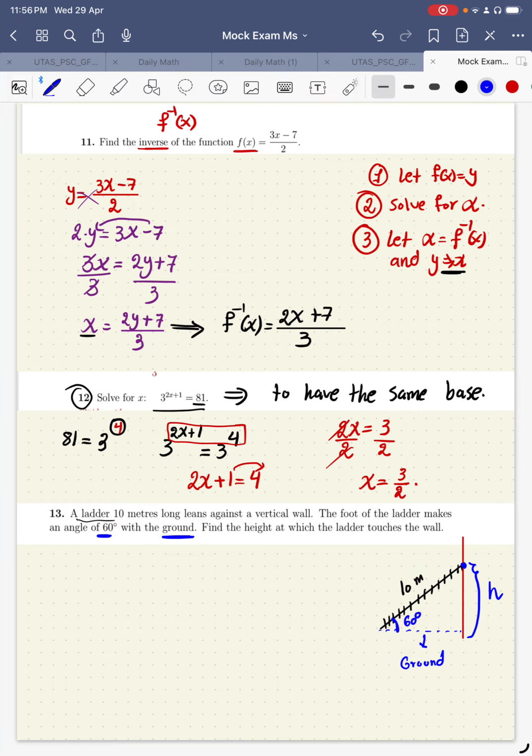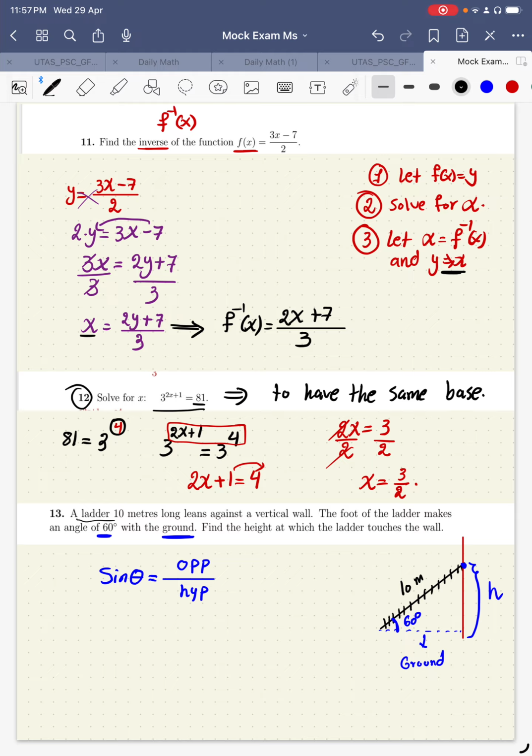Okay. So what is the relationship between the opposite and the hypotenuse? The trigonometric relationship. Yes, that's correct, it is sine. So I know that sine of theta equal what? The opposite over the hypotenuse.